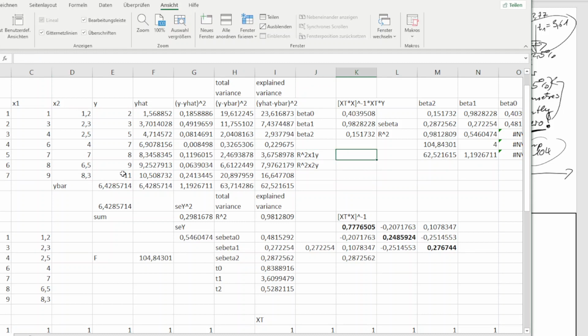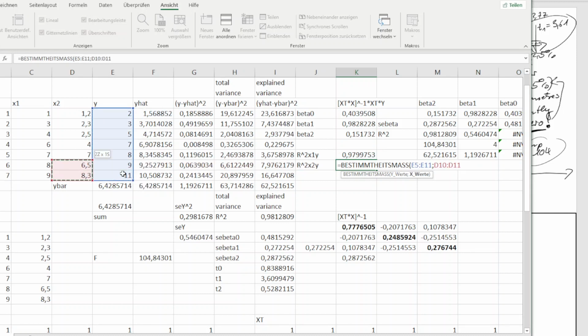So what does this mean? Then we just would say, well, we have only one x and one y, what we have done in the simple regression. If we calculate this, we have to feed in just our y values and the x1 values, and here the y values and the x2 values.